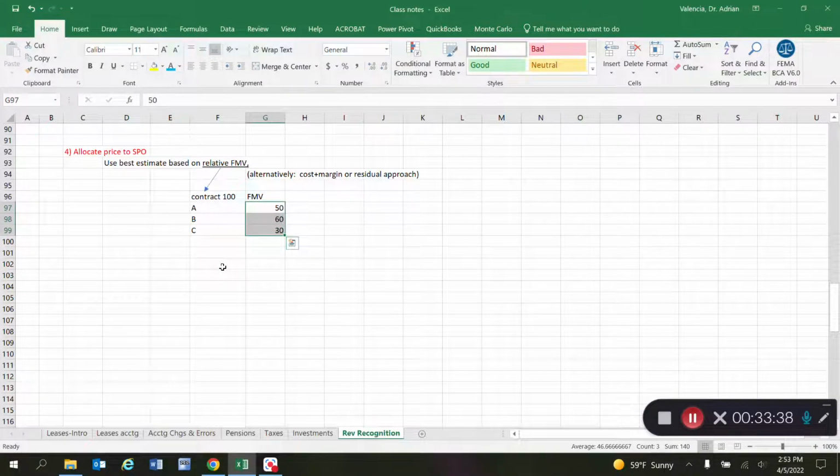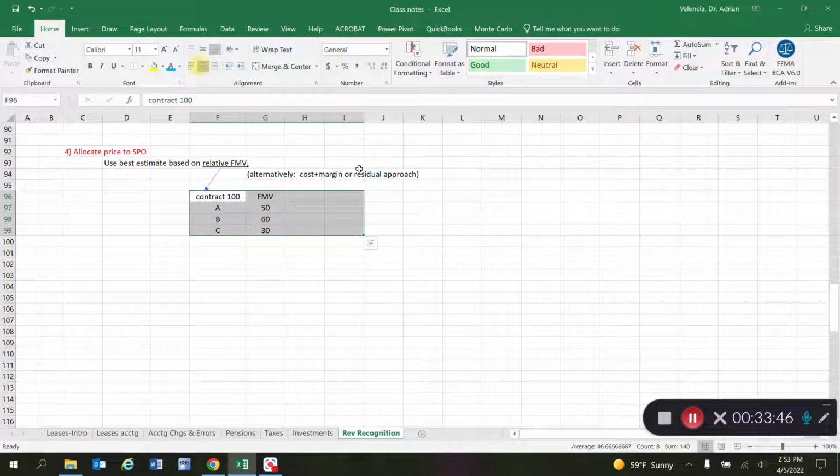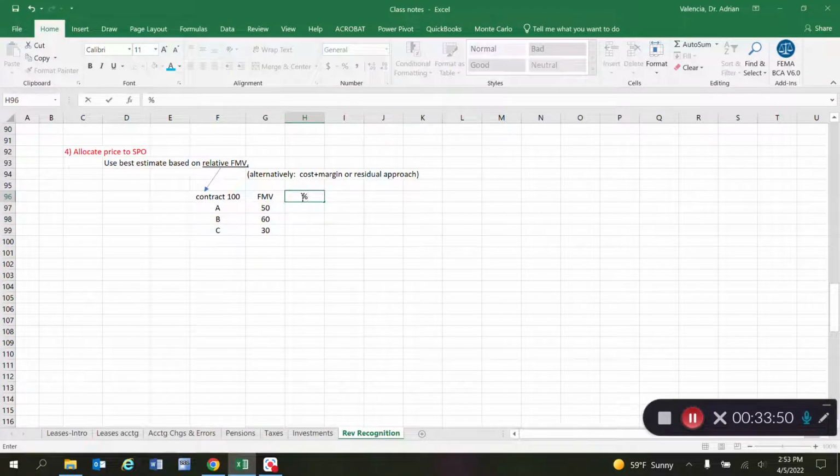So how do we allocate $100 for each one of these services or products that we're selling? And we use the relative fair value of them. Okay, so what we'll do is we're going to say percentage or weight. So right here, we'll go in there and say this is, wait a second.